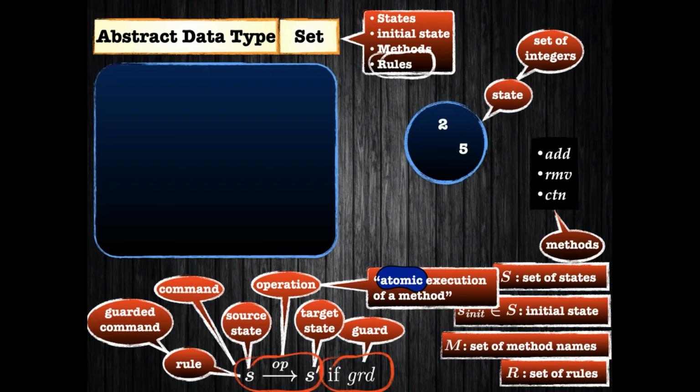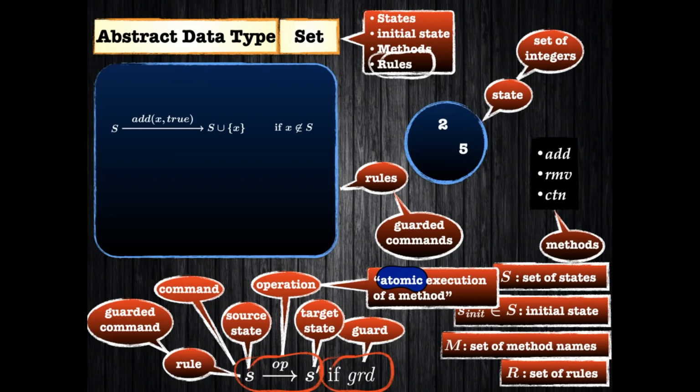So let's take a look at the rules that are defined for the abstract data type set. So this is the set of rules. Each rule is a guarded command. Now, this is an example of a rule, one of the rules. It's the add true rule.